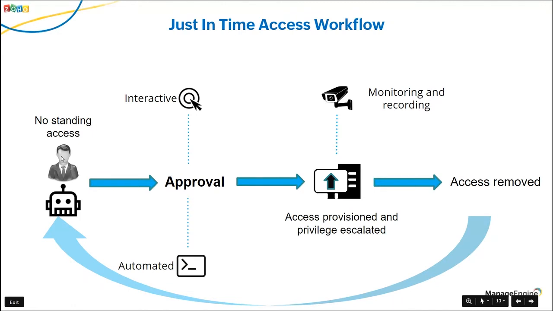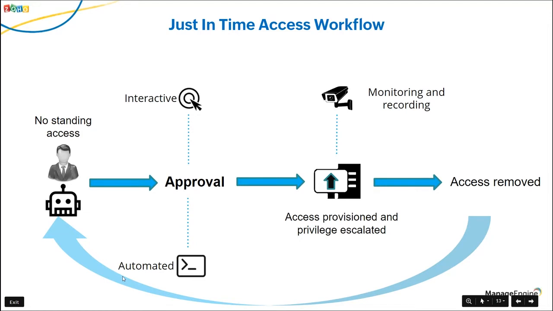So here is a workflow explaining the just-in-time privilege elevation. We have a user with no standing privileges. He is just a local user or a normal domain user. With the access control workflow, the user is requesting elevated privileges. This privilege can be either approved interactively, that is, manager approving the request and release mechanism, or you can make it automated using the auto approval functionality.